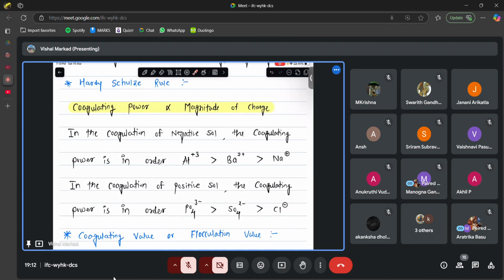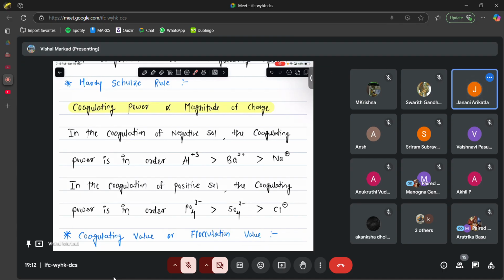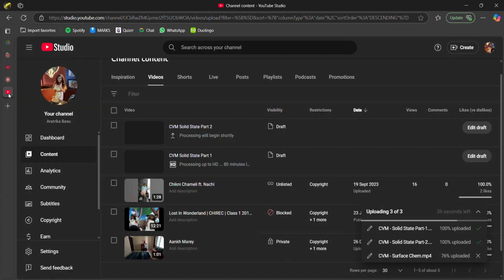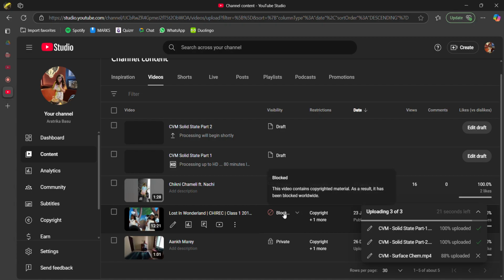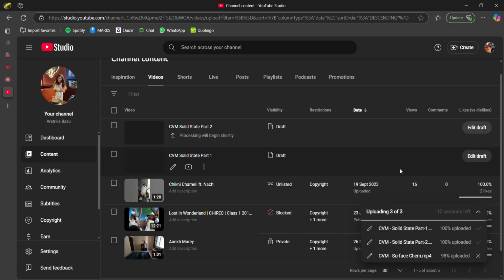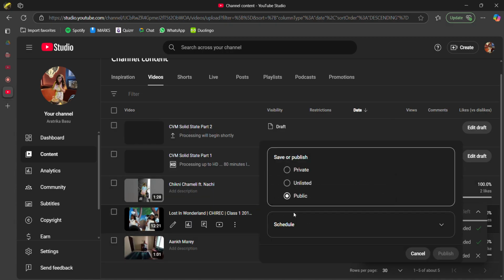Sir, I did not understand. We add an electrolyte to keep the particles moving or to settle them? To settle down, not to keep moving. We are talking about coagulation now. Coagulation means we are converting colloids to precipitate, trying to settle them down. Colloids mean continuous movement of particles.